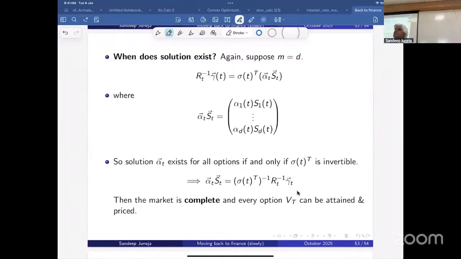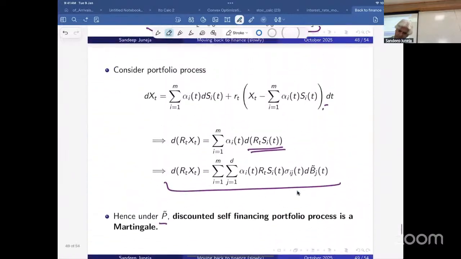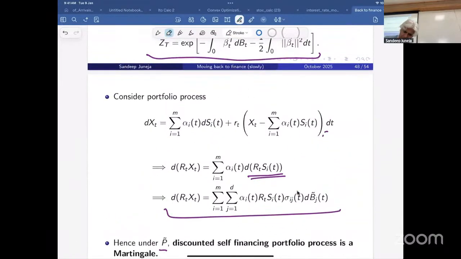Alpha_t is in our portfolio process: how much are we investing in each security? Remember, we created this replicating portfolio right here. So that old alpha_t has to go. Yeah, now it makes sense, right?